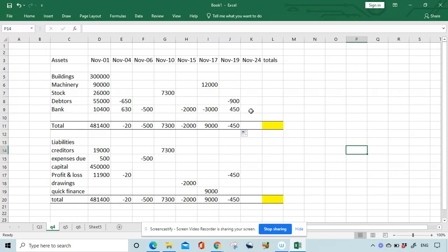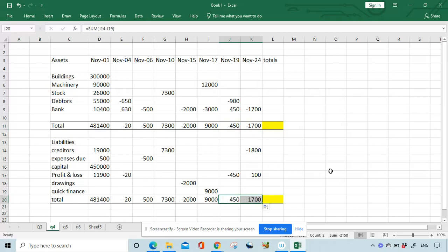So the bank is going to go down 1,700. The amount we owe the creditor is going to go down 1,800, and our profit is going to go up 100. That was a good deal for us. Okay, add them up.